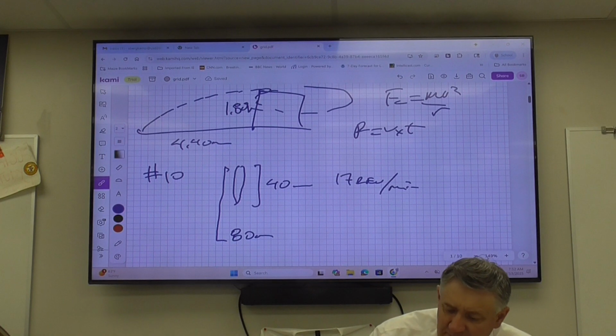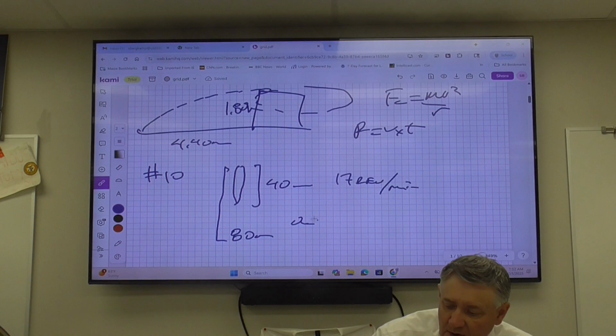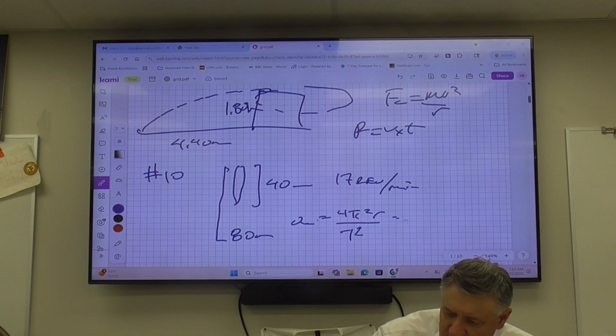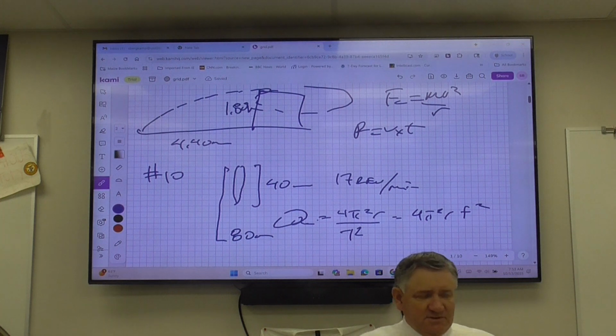So one option is, if you wanted to find the centripetal acceleration, there's a couple ways you can do this. You could use 4 pi squared r times frequency squared and find the centripetal acceleration.